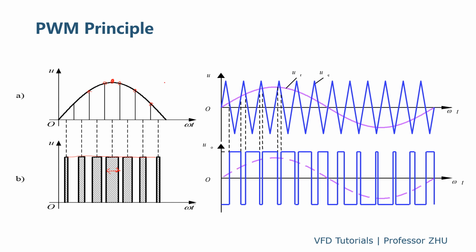Here we can see the waveform here is the reference, the sinusoidal waveform. And this one we call the carrier wave, the PWM signal. We do the PWM by comparing the reference with the carrier wave. If the reference is higher than the carrier wave, we get the positive voltage. Otherwise, we get the negative voltage.